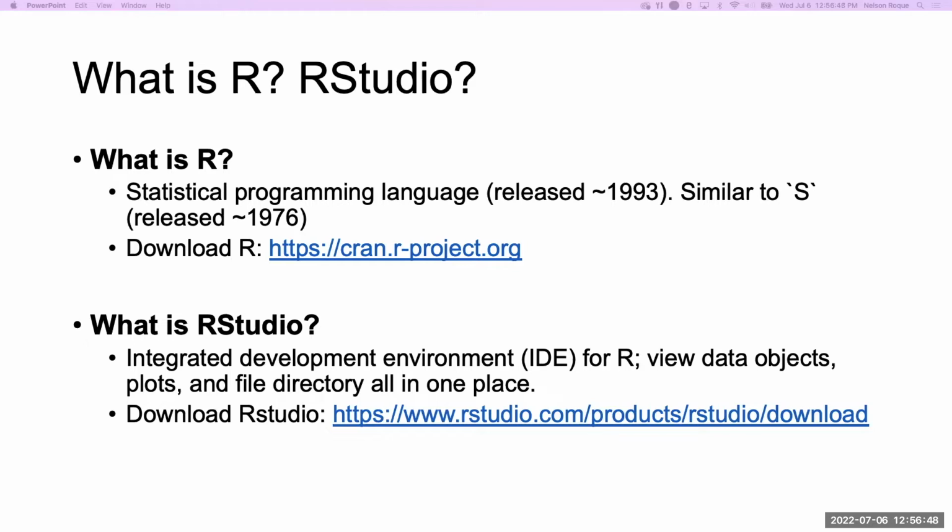So it makes it easier to see where your plots are, or edit things in the files, or change some settings. It's now with a GUI versus doing everything in code. So I find that it's very accessible for folks that haven't done a lot of programming before, because there is a button counterpart for most actions in RStudio.